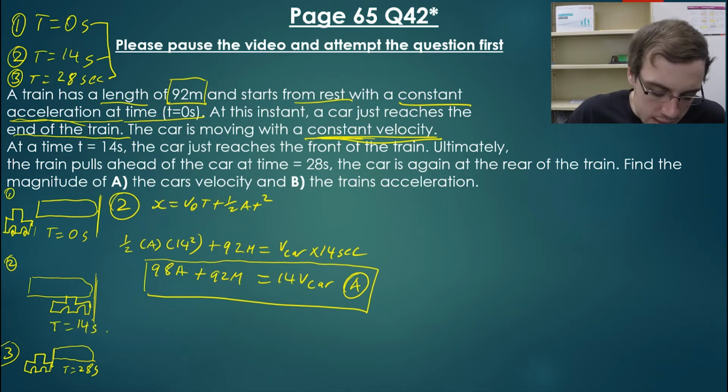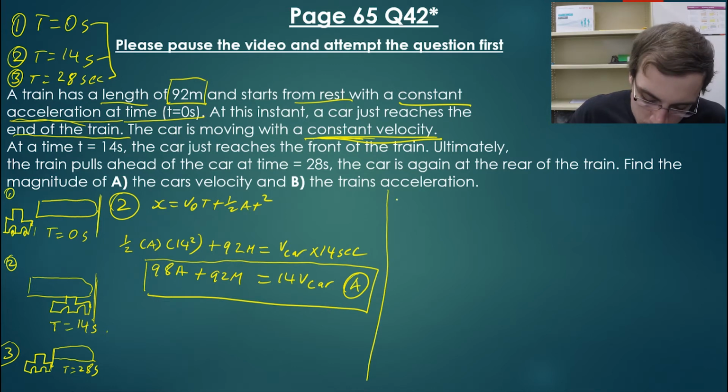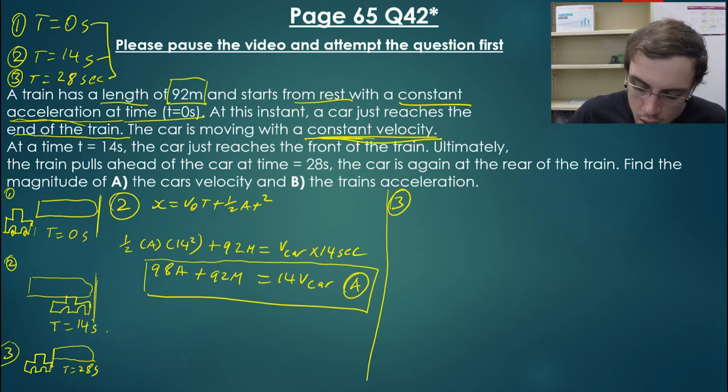Now, let us look at when time equals 28 seconds. When our time is equal to 28 seconds, we want to compare the change in the distance, in our displacement here, because we can see that the difference between 14 seconds and 28 seconds is that the car has moved from the very front right to the back.